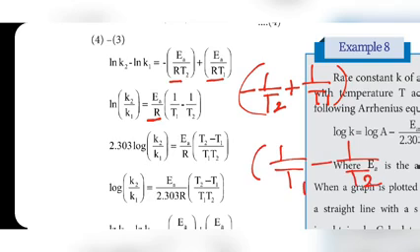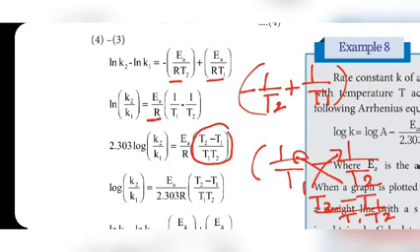If cross multiplication takes place, that is 1 into T2 and 1 into T1, that is T2 minus T1 divided by T1 into T2.